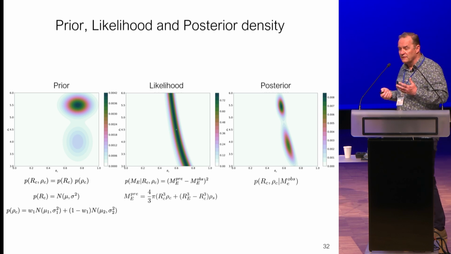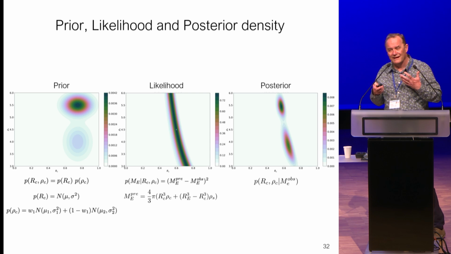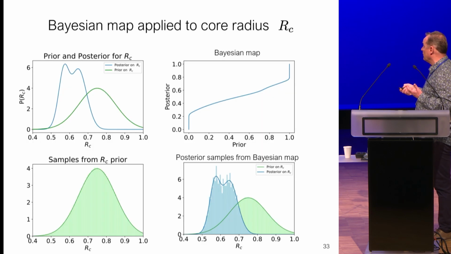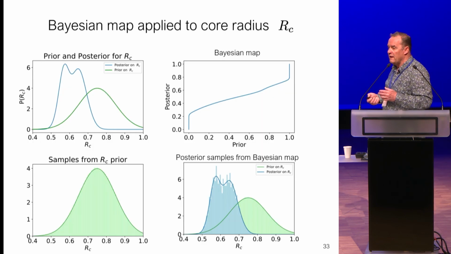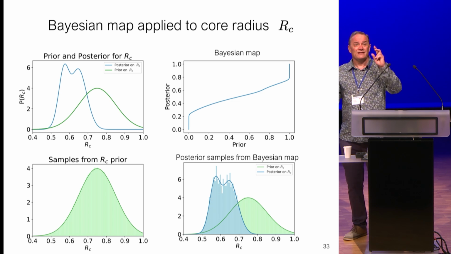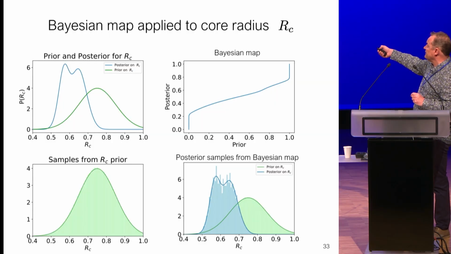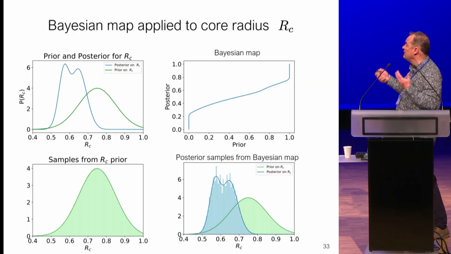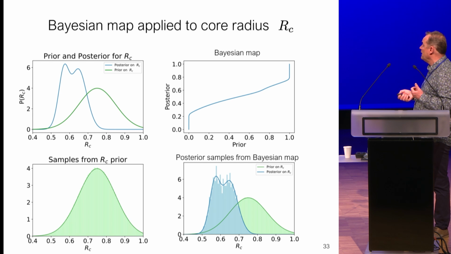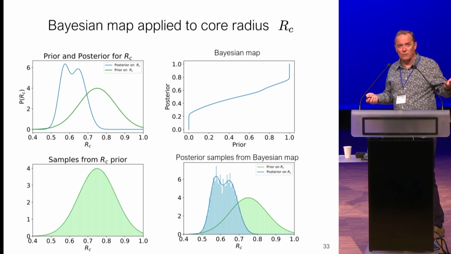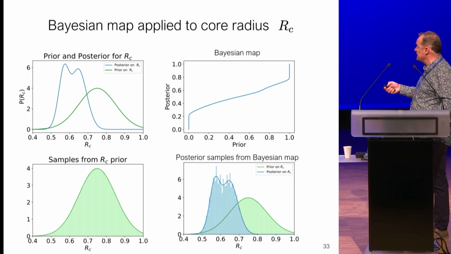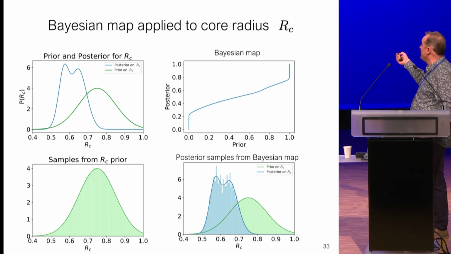So I'm going to apply optimal transport to this problem, or at least to illustrate what it could do for this problem. So I'm even going to reduce you down to one parameter. This is just the radius, okay? So in terms of the radius, here's the prior in green on the top left, there's the posterior in blue. If you solve for the transport problem here, you get a transport map in the top right, which maps every point on the prior to every point in the posterior.